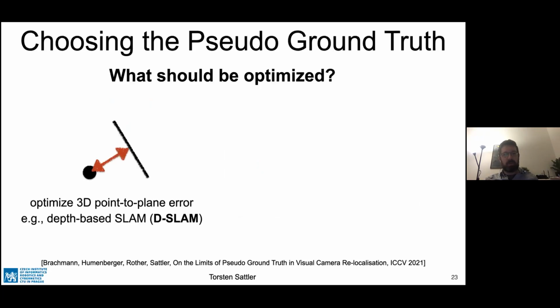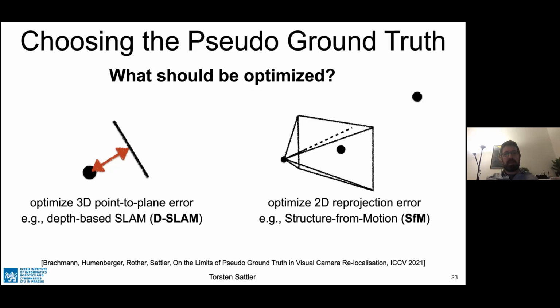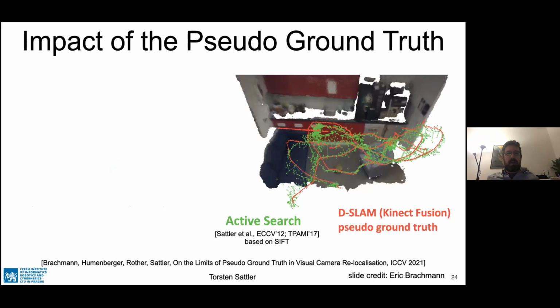One based on optimizing some error in 3D, so for example, depth-based SLAM systems, and one based on optimizing a 2D reprojection error between a 3D point and its corresponding measurement in images, so for example, structure from motion.